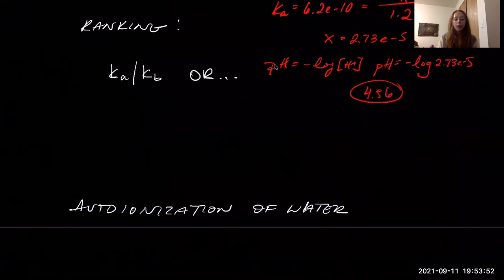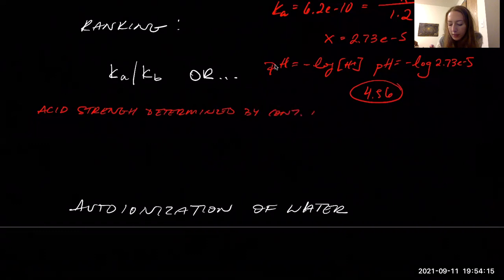So how to make an acid stronger? Acid strength is increased by conjugate base stability.